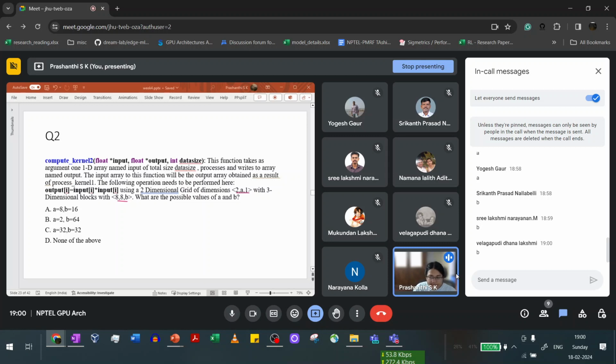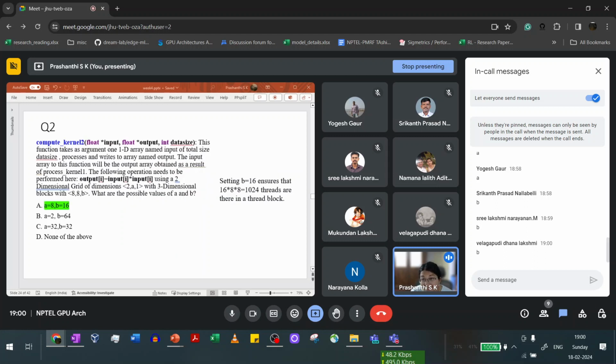Okay, I get why this could be confusing. So let's discuss it and see if it's clearer. So the answer given to you is A. Now let's go back and try to figure out why it's A and not B, as some of you said. So first of all, the input to this is the output of the previous question, which had the size 16384.